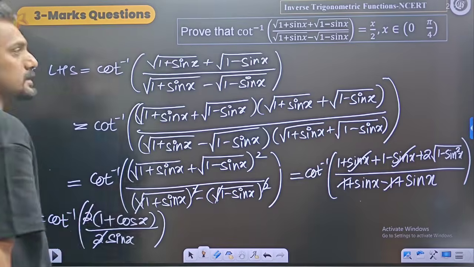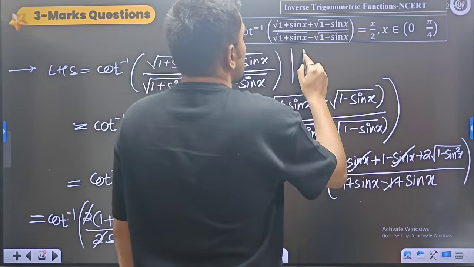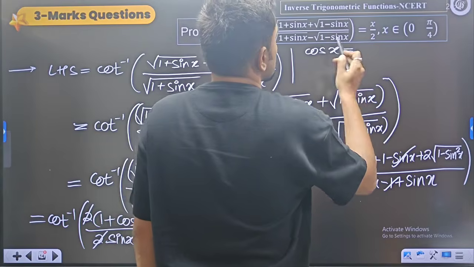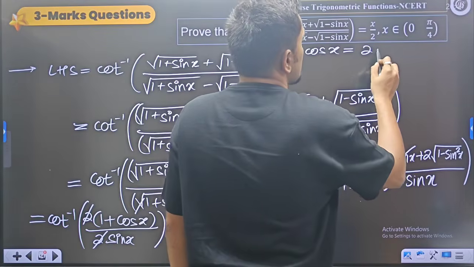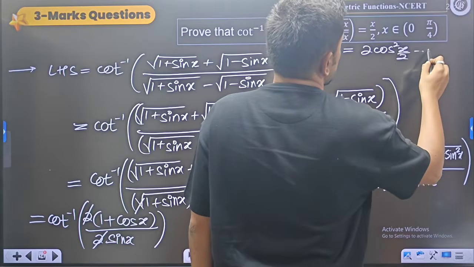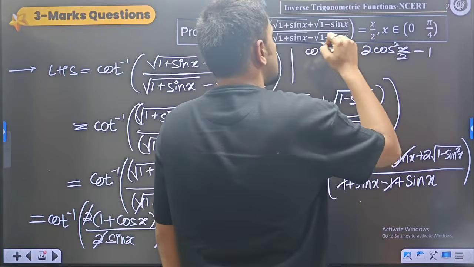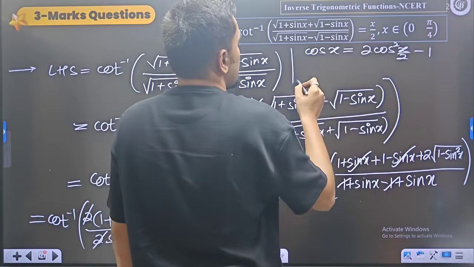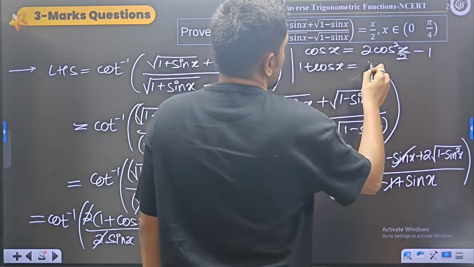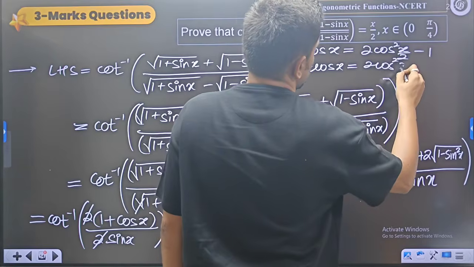See, 1 plus cos x, we know that cos 2x or cos x is equals to 2 cos square x by 2 minus 1. If I bring this minus 1 to the left side, then it becomes 1 plus cos x equals to 2 cos square x by 2.